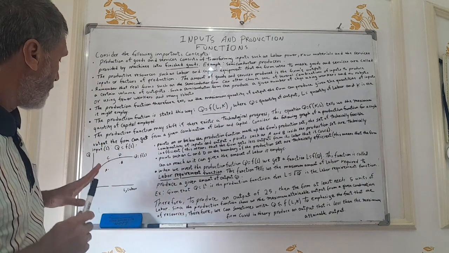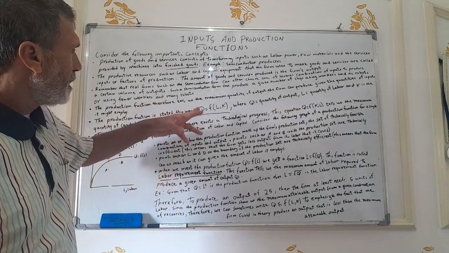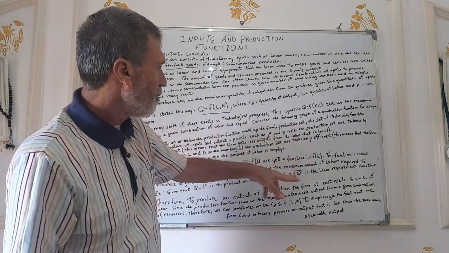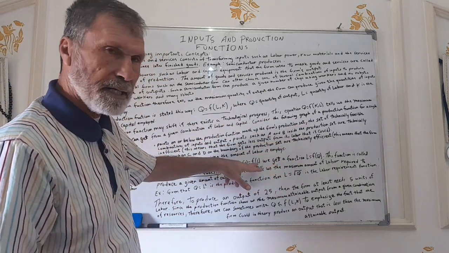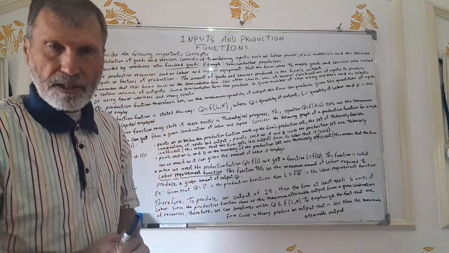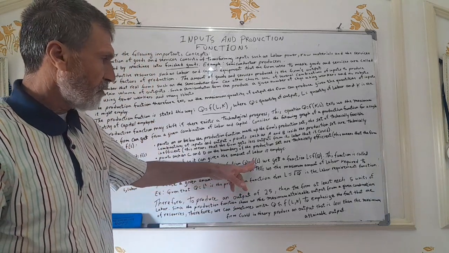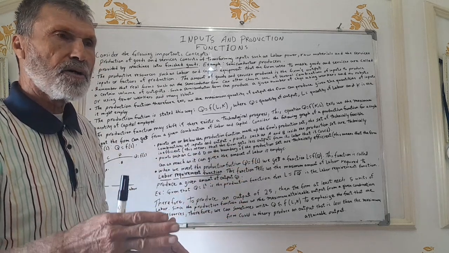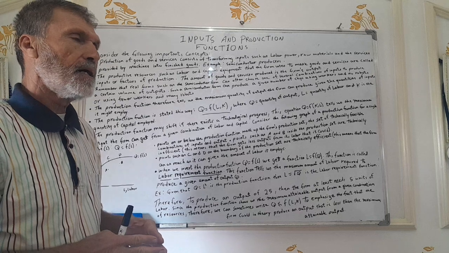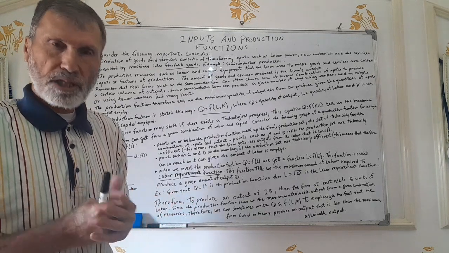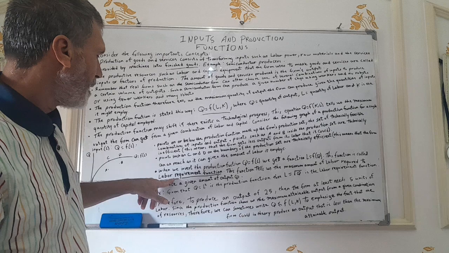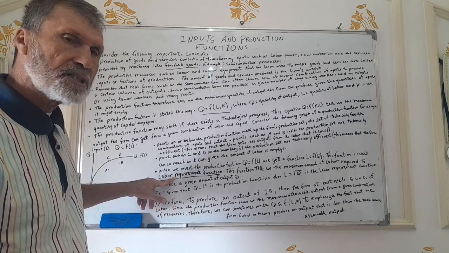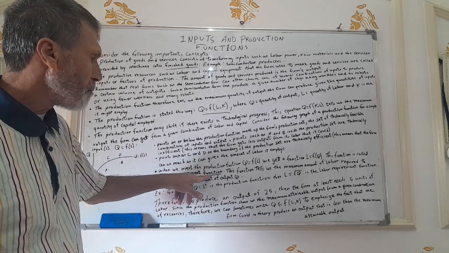Now, remember that the production function, whether it is a function of labor and capital, or the production function that is a function of one input, labor, when we invert it, Q as a function of L, such as, for instance, Q equals L squared, we are going to come up with another function, which is L in terms of Q, and that function is called the labor requirement function.